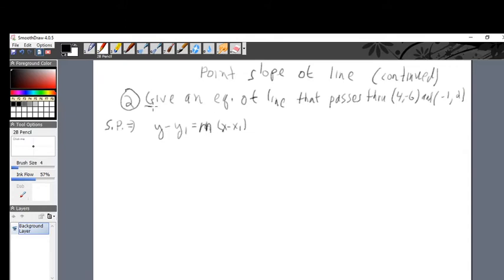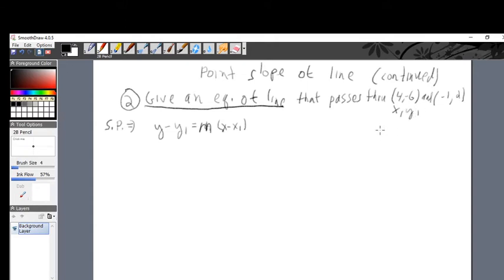As soon as you see "give an equation of a line," you know to do this. Okay, now what do we need? What do they give us in the given? They gave us an x1 and a y1.